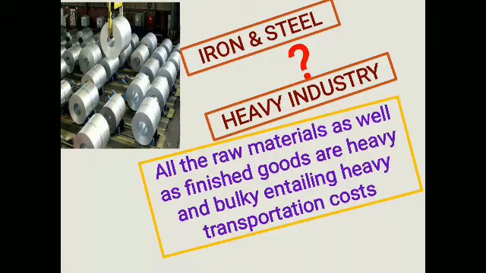The raw materials used for the iron and steel industry, like iron ore, coal, manganese and limestone, particularly iron ore and coal, as well as the finished goods, are heavy and bulky, so the transportation cost is very high. All the raw materials as well as the finished goods are heavy and bulky, entailing heavy transportation cost. That is why we say the iron and steel industry is called a heavy industry.